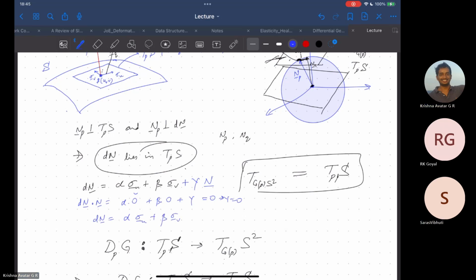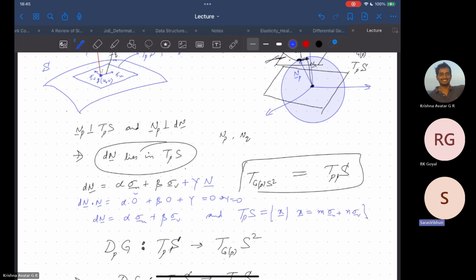And you also know that T_P S is a collection of points, say any x vector such that x vector is equal to m sigma u plus n sigma v.